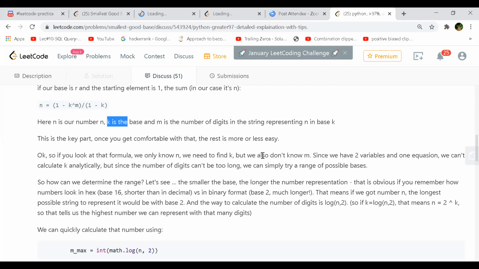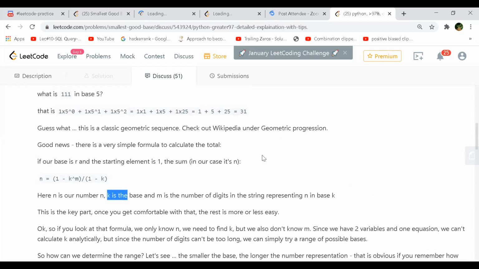So why do we use 3? So that m is represented over here, right? If we substitute, for example, n as 13, then 1 minus k is 3, k into 3 raised to m, divided by 1 minus k. Okay, so k will be 3, right? So k is going to be the base in this case.